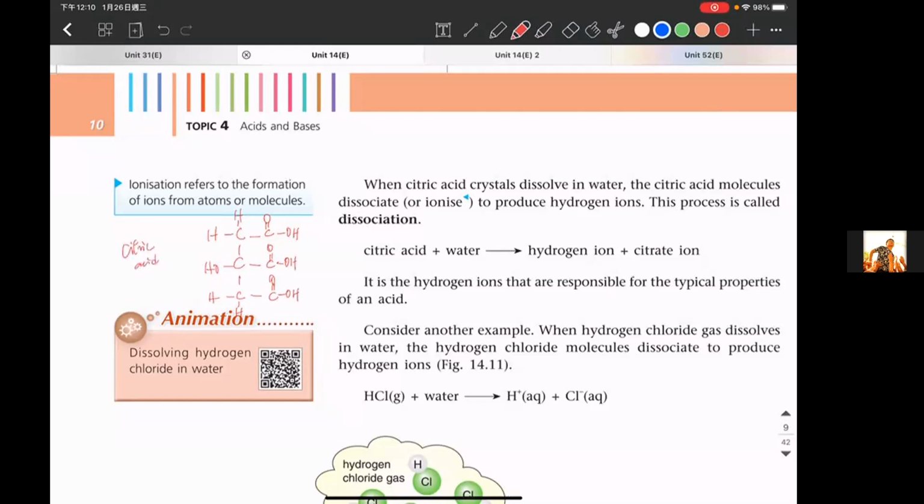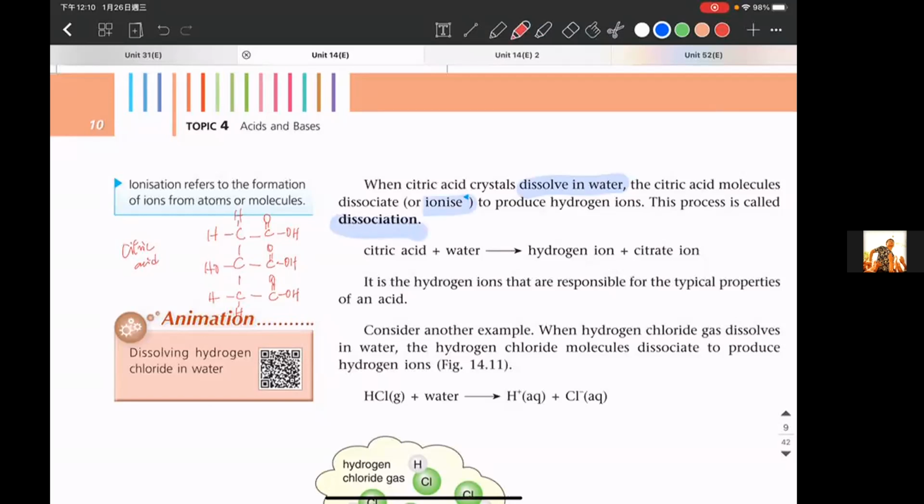So this molecule is very special. Without water it is just a molecule, right? How do we know it's a molecule? Well, the atoms are bonded by covalent bonds. Of course, hydrogen ions will not be formed. However, once it's dissolved in water, we have a process we call dissociation or ionization.